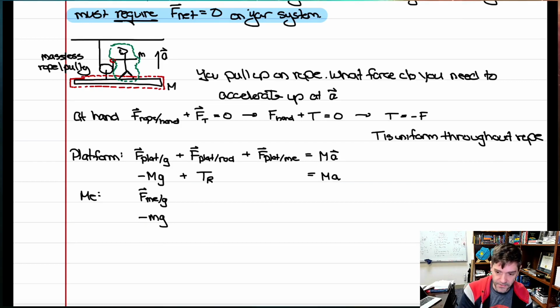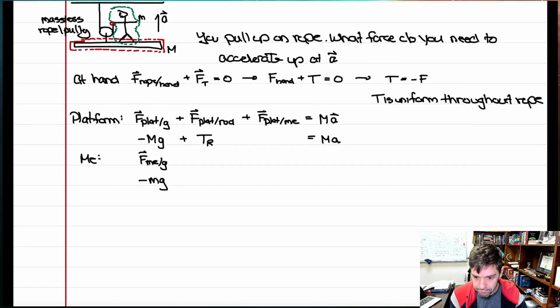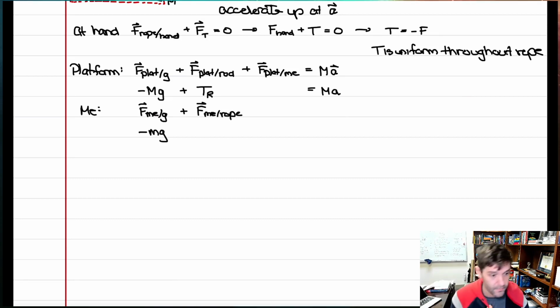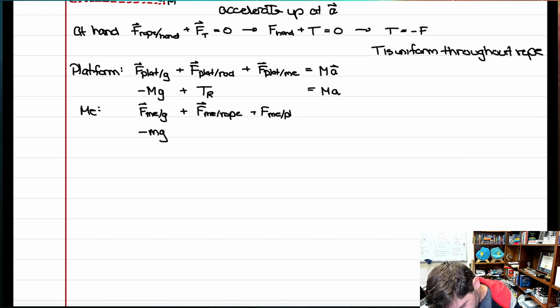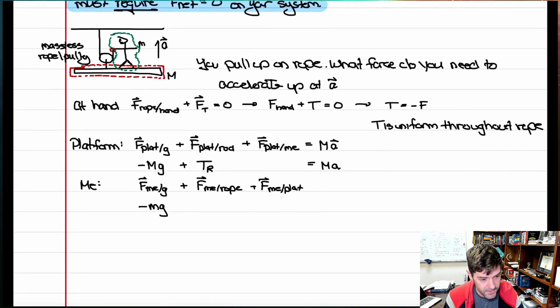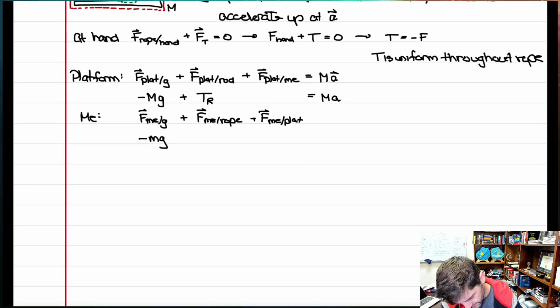Therefore, of course, the rope exerts a force on me. So in that case, I might write this as plus force on me from rope. I am also touching the platform. So I expect there to be a force on me from platform. I'm not touching anything else. Looks like we're done. And that better equal my mass times the acceleration, which again I'll write as little m a.